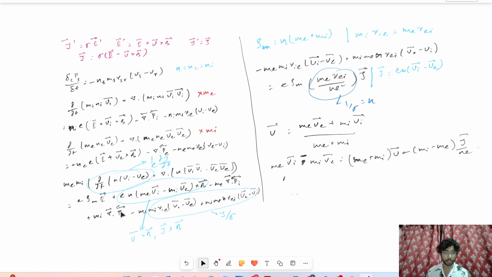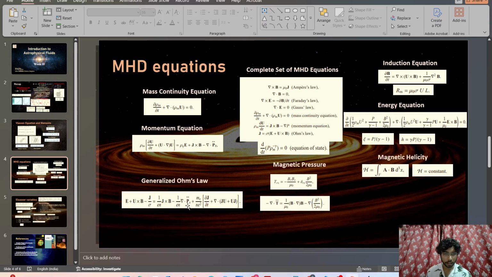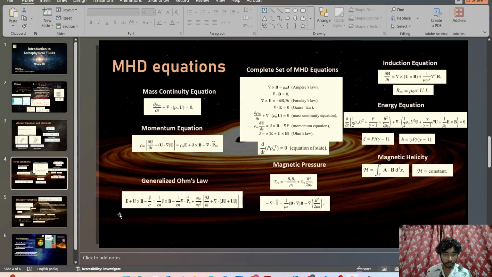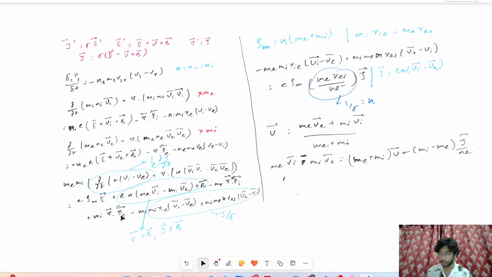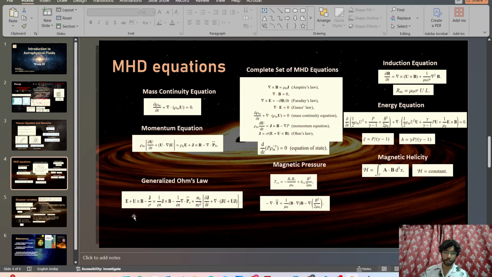There is E term. Then there is del cross del dot PE, which is already there. And so we are just neglecting the del dot PI, right? The ion pressure, which is negligible compared to the electron pressure.